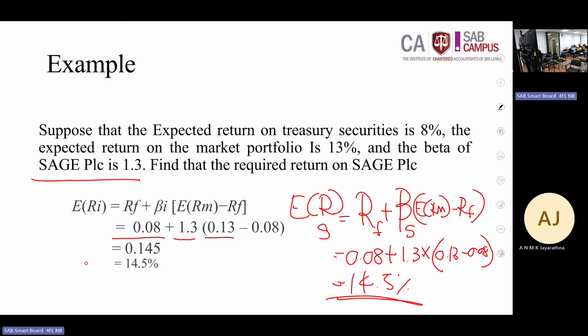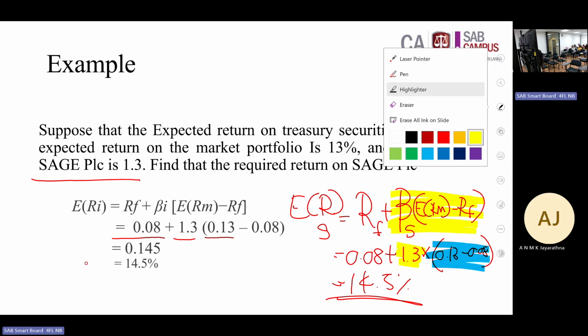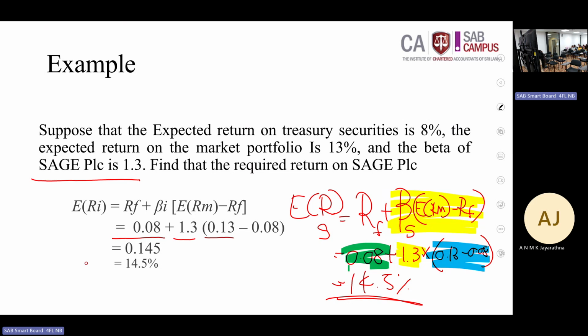When you are calculating this sort of question, first do this part: identify the difference first, then multiply it with the beta, and then take the whole. This is the way of doing it.